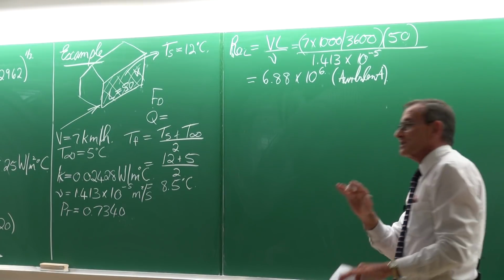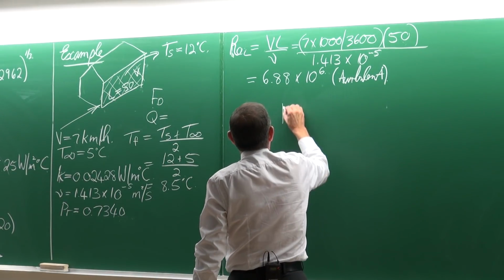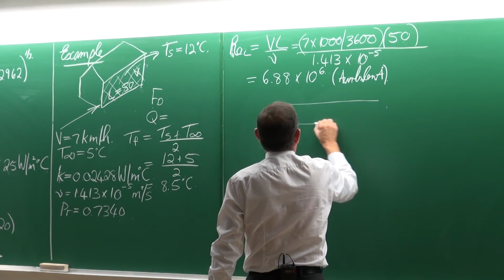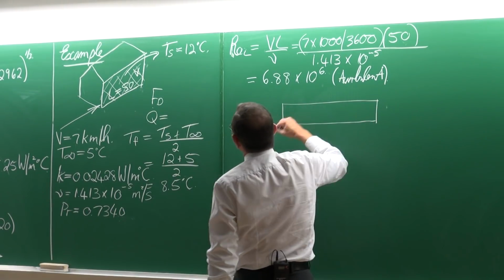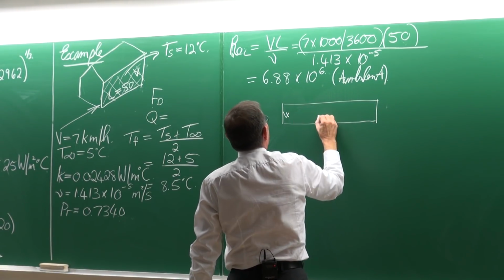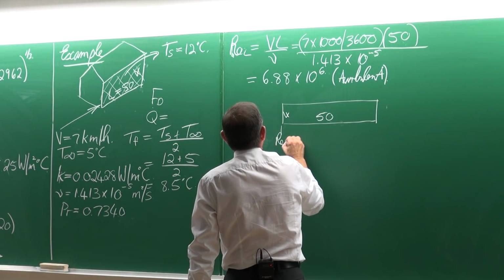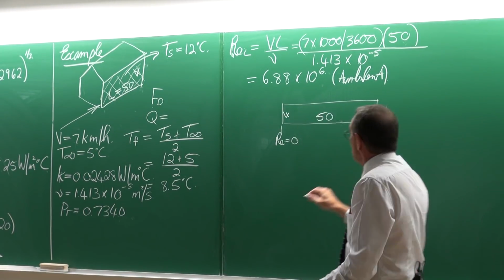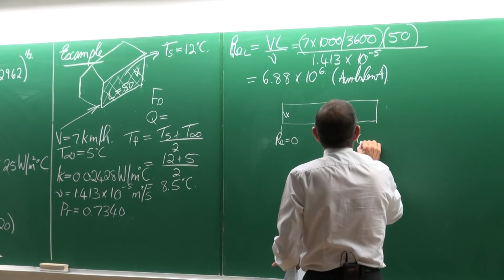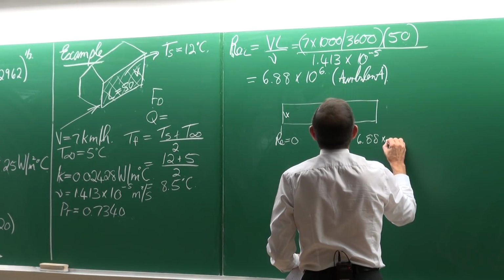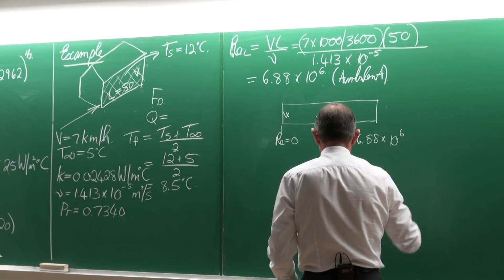But the question is, if this is now the plate, or the wall, which is 4 meters by 50 meters, here the Reynolds number is equal to 0. Here at 50, it is 6.88 multiplied by 10 to the 6.